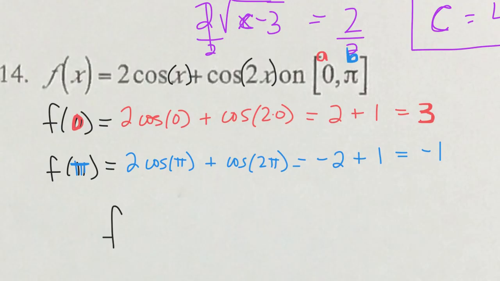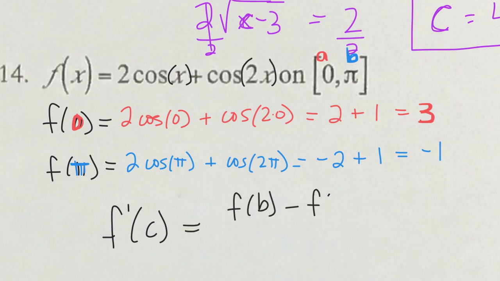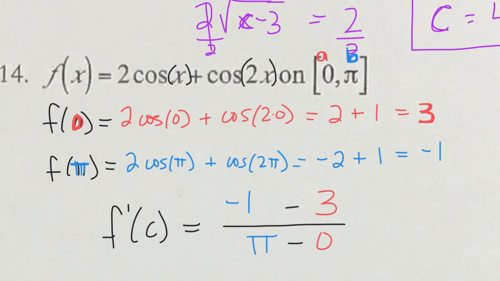So now let's write down the conclusion that there is an instantaneous rate of change that is equal to the average rate of change over our interval. Okay, so that's the formula we use for every single one of these MVT mean value theorem problems. Now let's replace what we know. And simplifying this gives me -4 over pi.